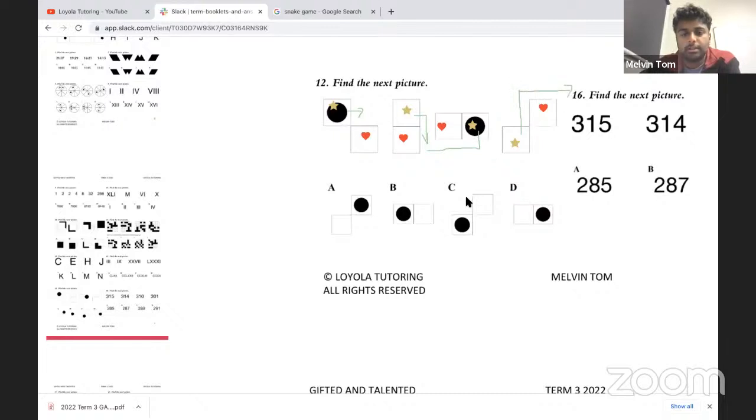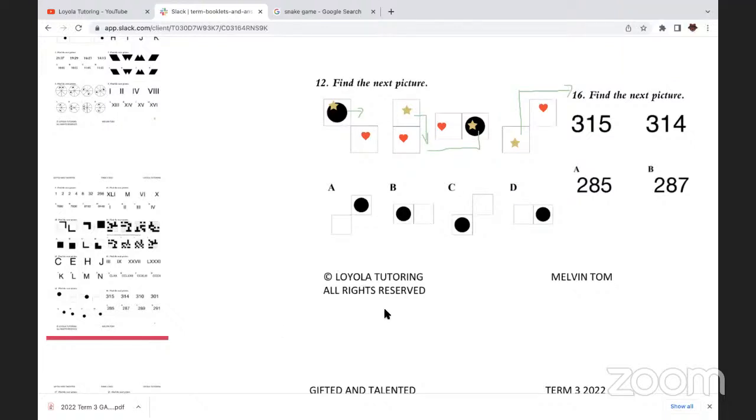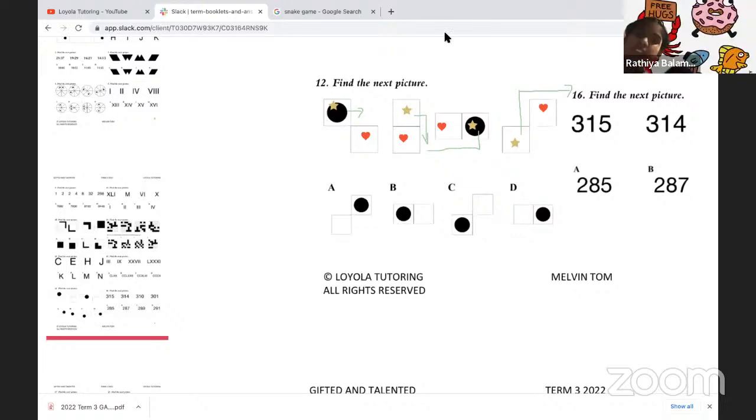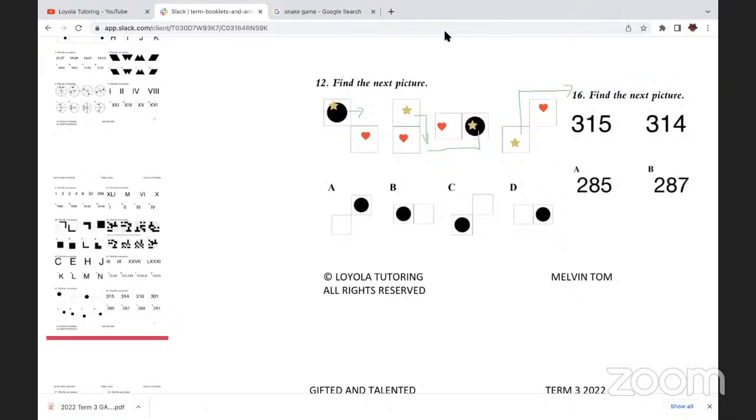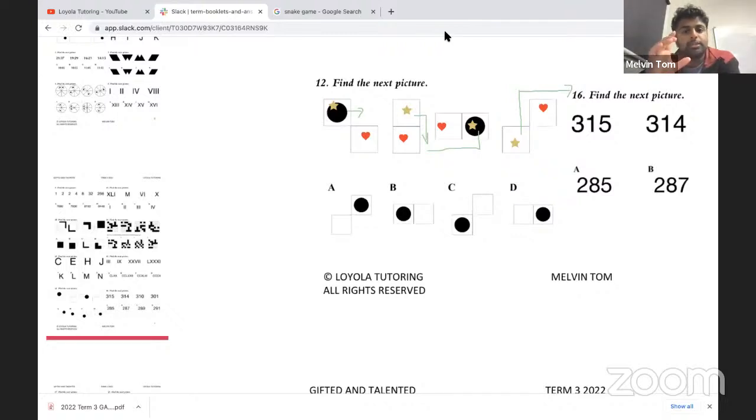Do you guys understand? Okay, cool. So for those of you who don't understand, all I need you to do is just slow down and imagine the love heart does not move.